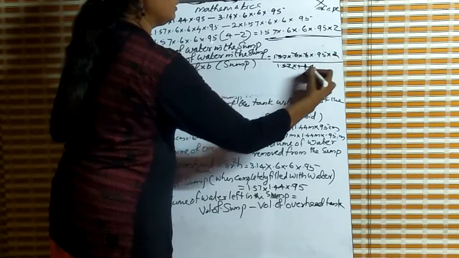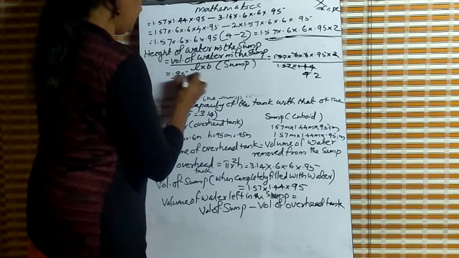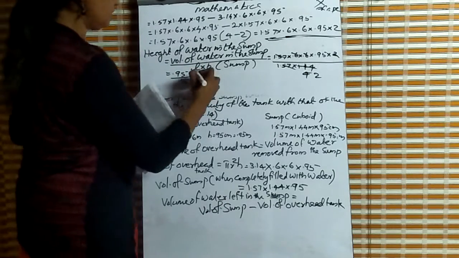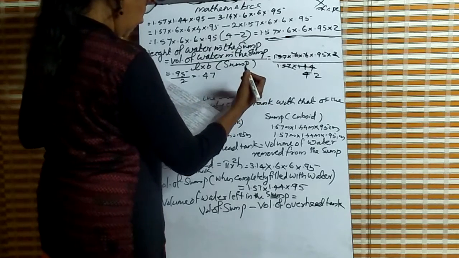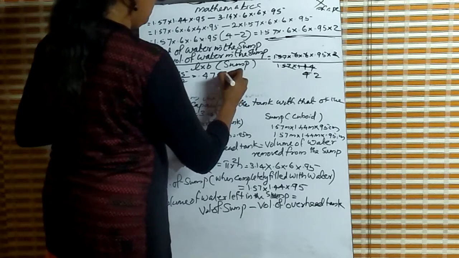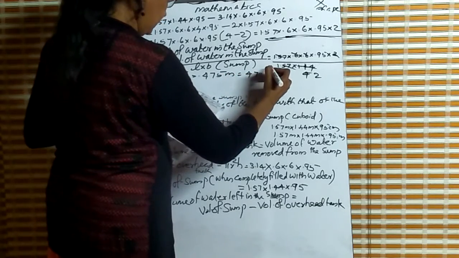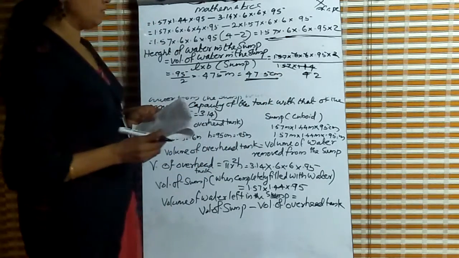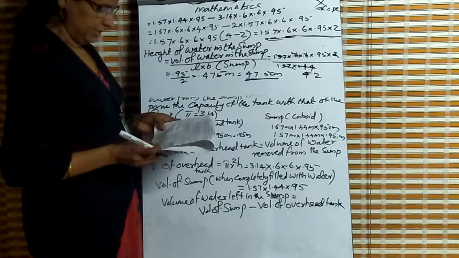Then 0.95 divided by 2 is equal to 0.475 meter, which is equal to 47.5 centimeter.